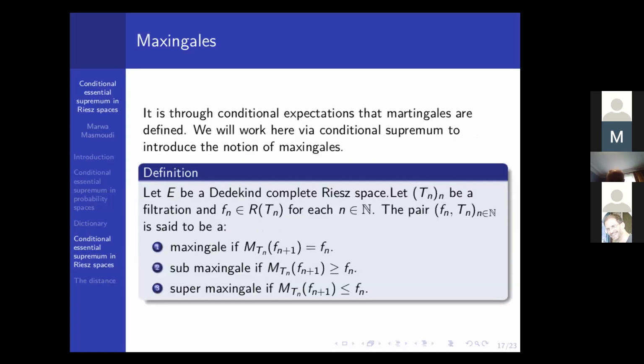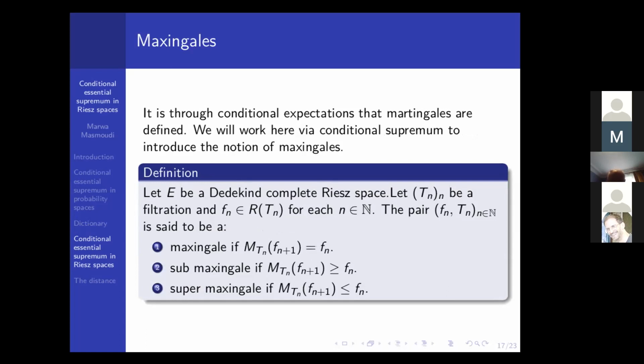Now I would like to turn to the concept of Maxingales. It's through conditional expectation that martingales are defined. We will work here via conditional supremum to introduce the notion of Maxingales.